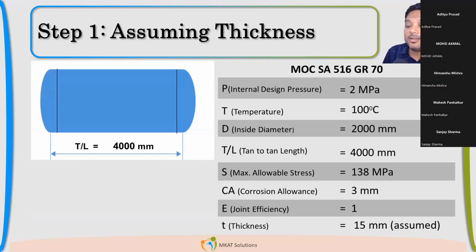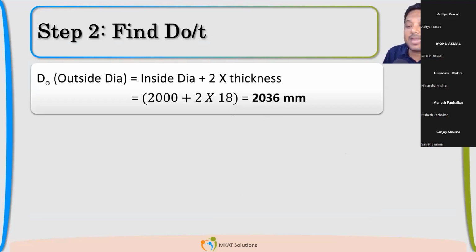Now let us move on with the calculations. I know you will be able to find the outside diameter, because now we know this thickness. Somebody may even get confused about whether I should take 18 or 15 to calculate the outside diameter.